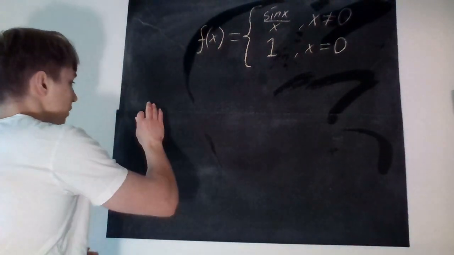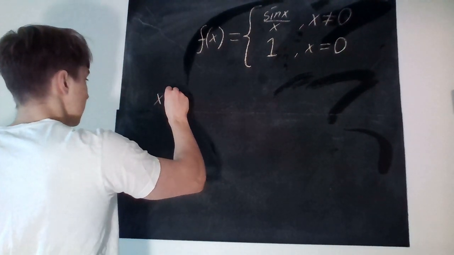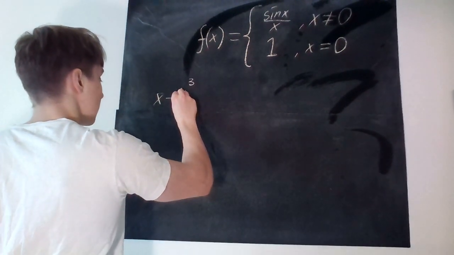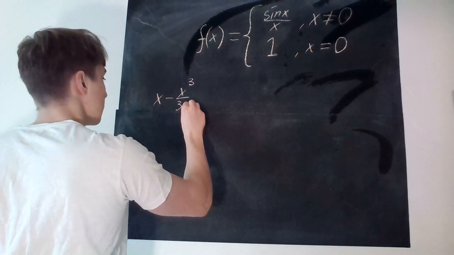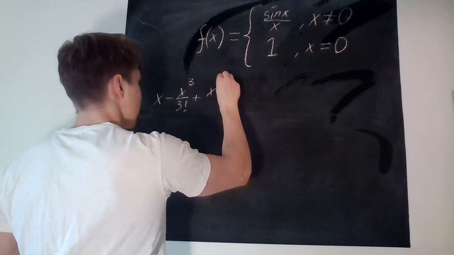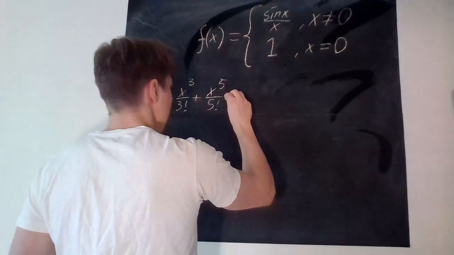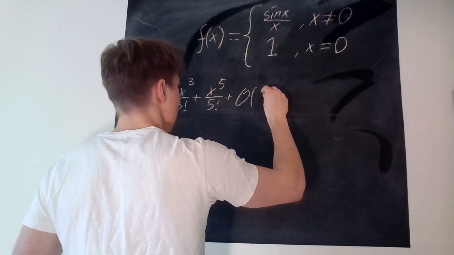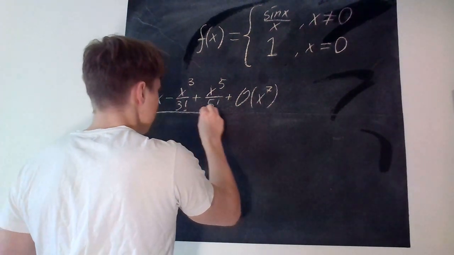So okay, the Taylor polynomial for that, actually we can just use, firstly, the Taylor polynomial for sine, which is x minus x^3 over 3 factorial plus x^5 over 5 factorial, and then plus our big O of x^7, and then just divide this by x.